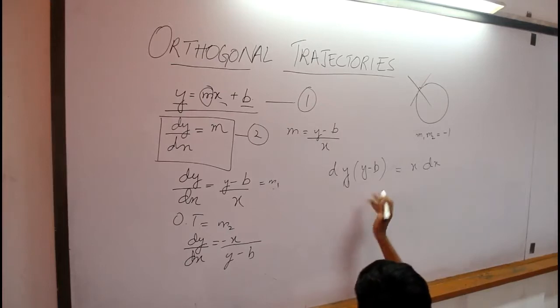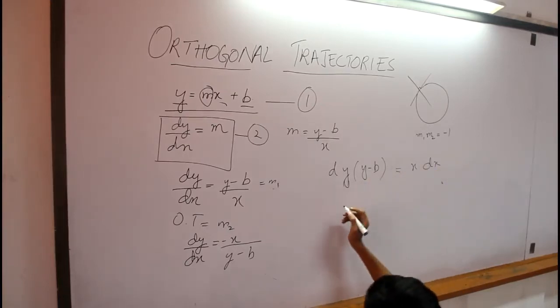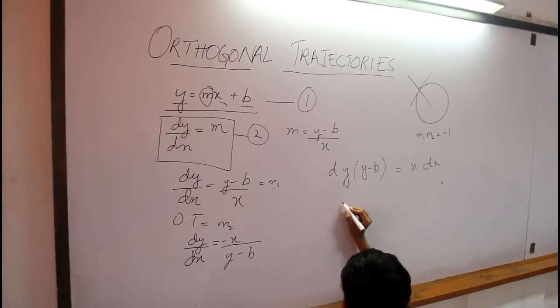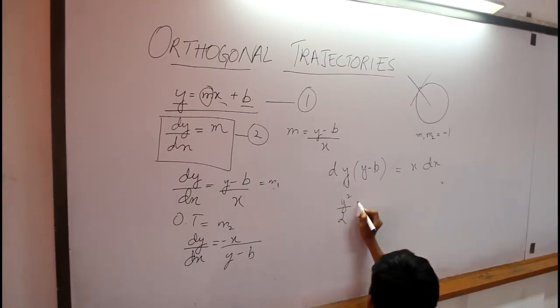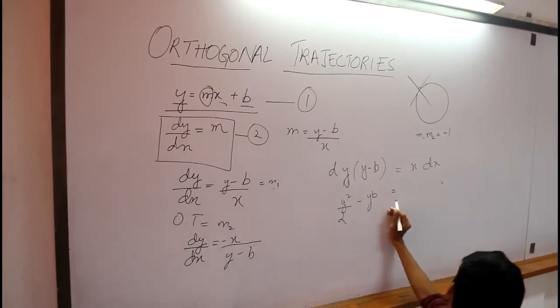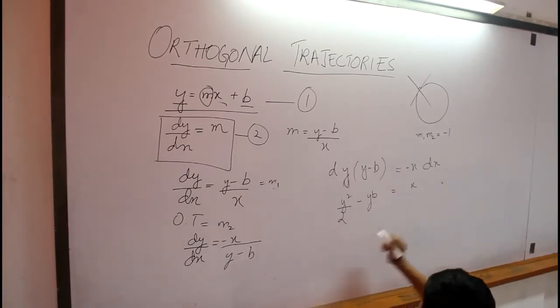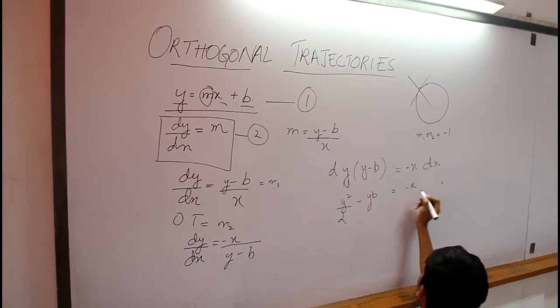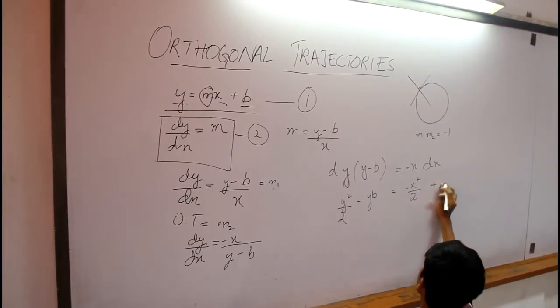When we integrate with respect to y and with respect to x, we get y squared over 2 minus b times y equals minus x squared divided by 2 plus some constant.